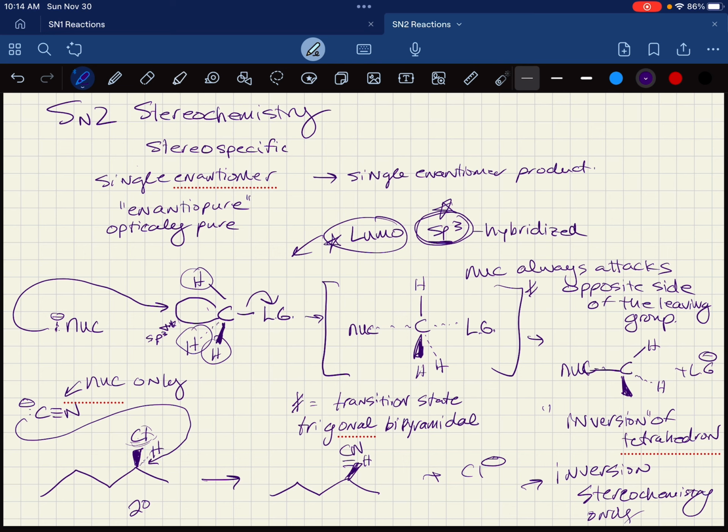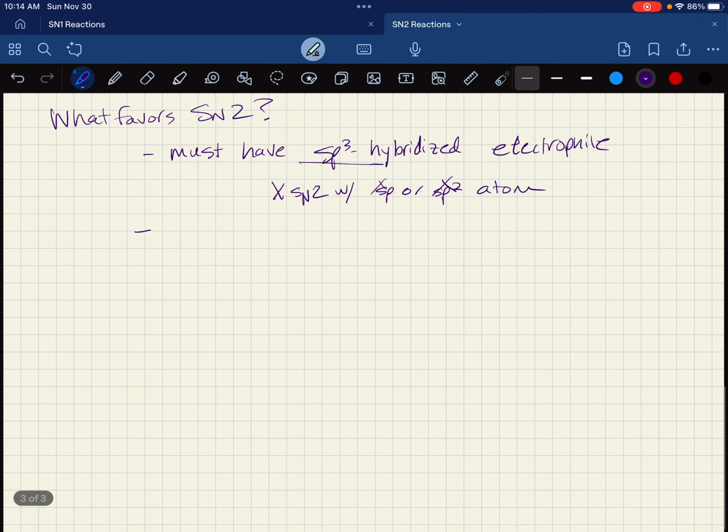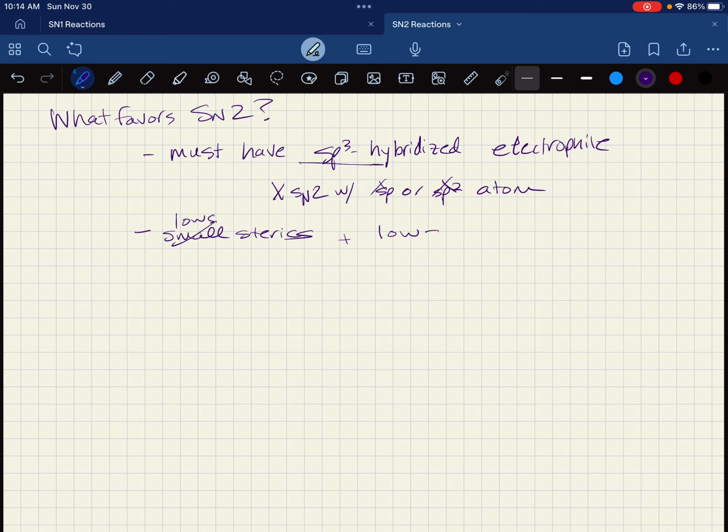So one of the things that is going to favor SN2 is small sterics, or low sterics, and also low substitution of the substrate.